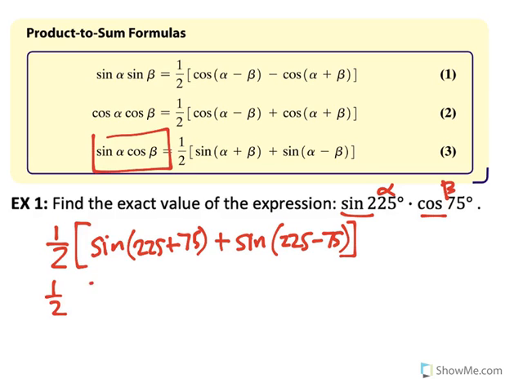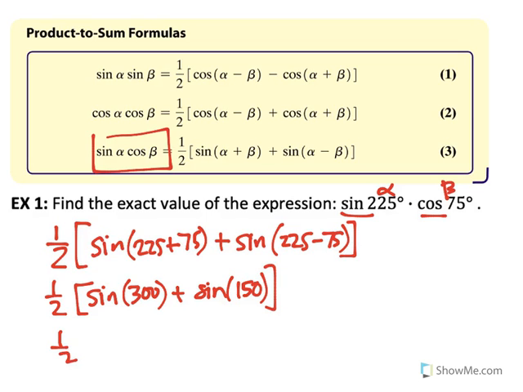And then we'll just simplify this. That gives you sine of 300 plus sine of 150. And then we substitute those values. Sine of 300 is negative root 3 over 2. I'm going to keep that bracket there. Plus sine of 150 is 1/2.